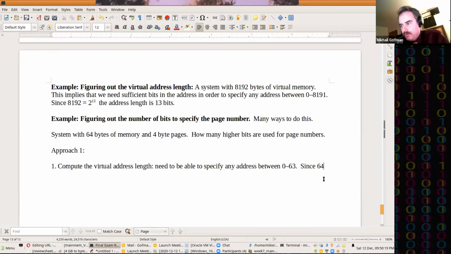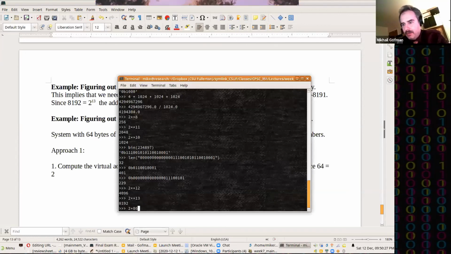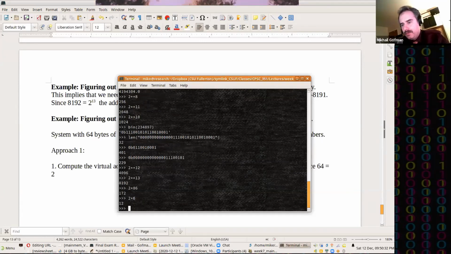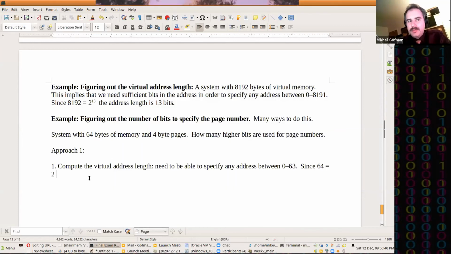Since 64 is equal to 2 to the power of 6, right? Sorry, wait, what? 2 to the power of 6? What the heck? Oh, I'm doing multiplication. 2 to the power of 6 is 64. So since 64 is equal to 2 to the power of 6, the address length is going to be 6 bits.